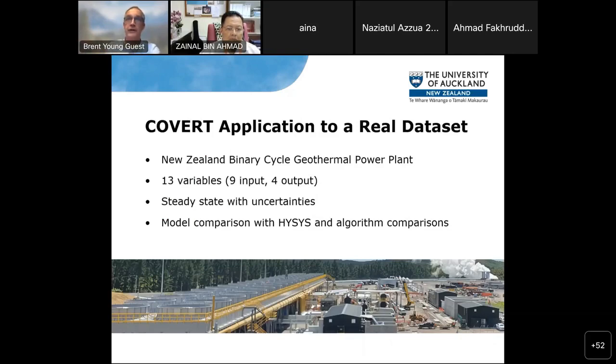I won't bore you with those details. Essentially, we had a very reliable steady state model with uncertainties expressed, and we decided to do a comparison between our algorithm and a HYSYS model of this plant, which we saw as representing perhaps the ground truth of what the data could show.